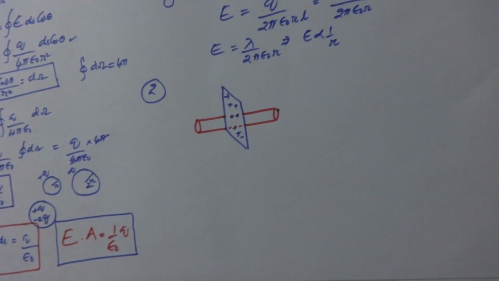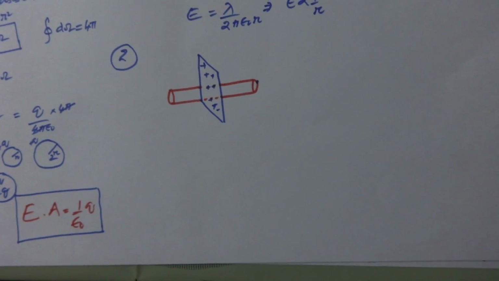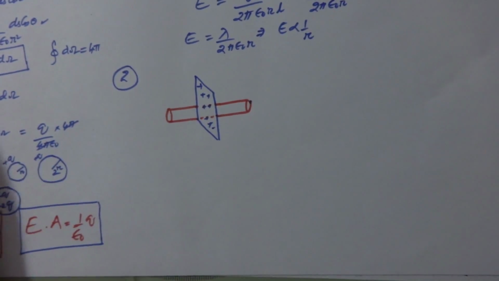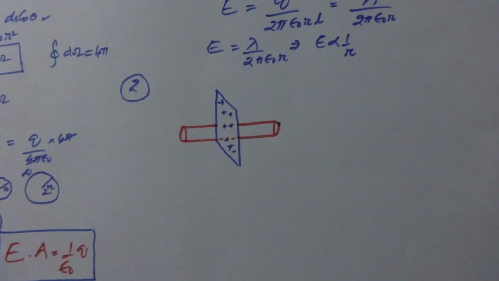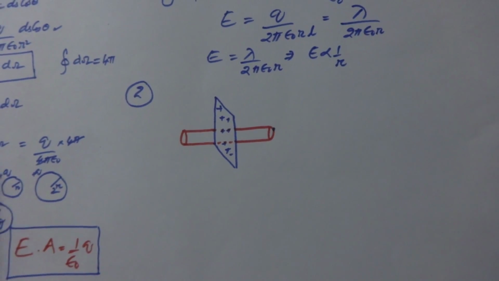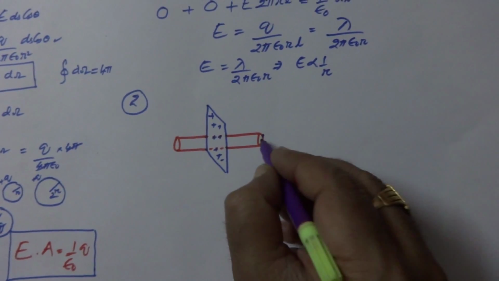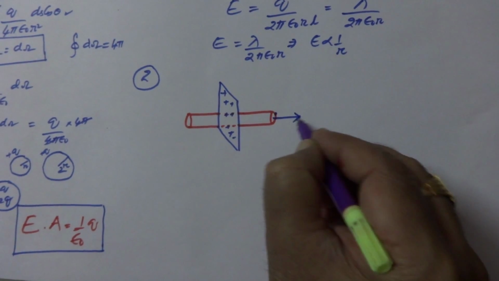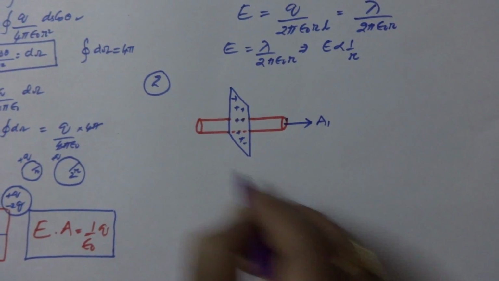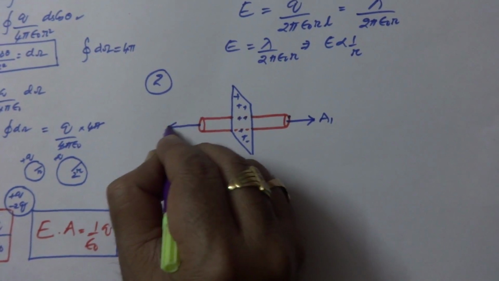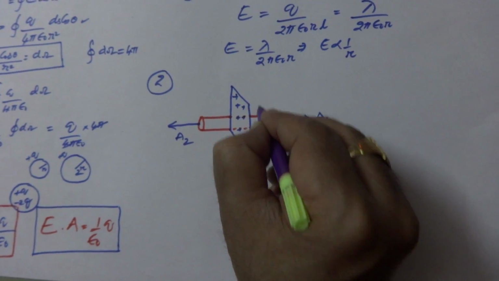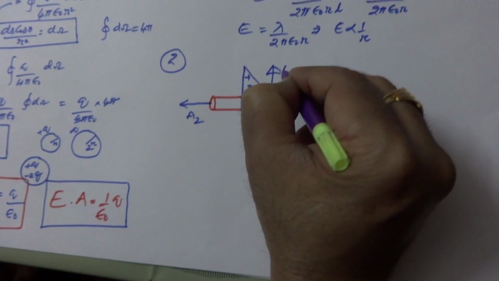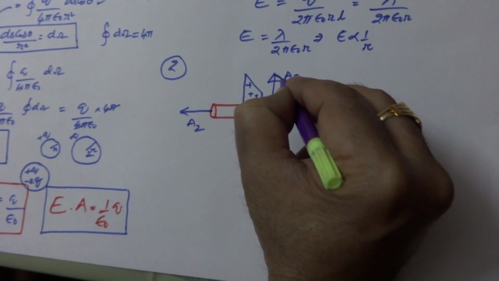Now again we have already taken the Gaussian surface. Now we have to decide the directions of electric field and area vectors. So the area vector here, the outward normal, is always the direction, and then the curved surface area A3.